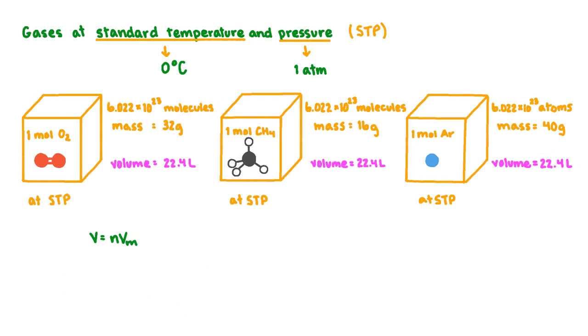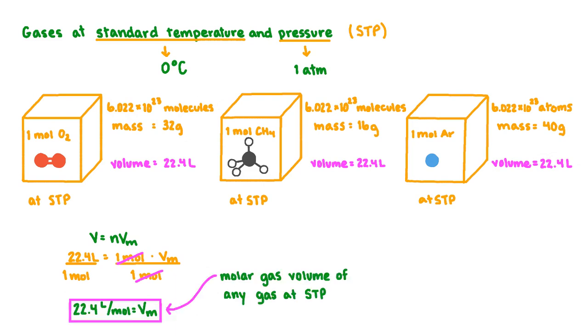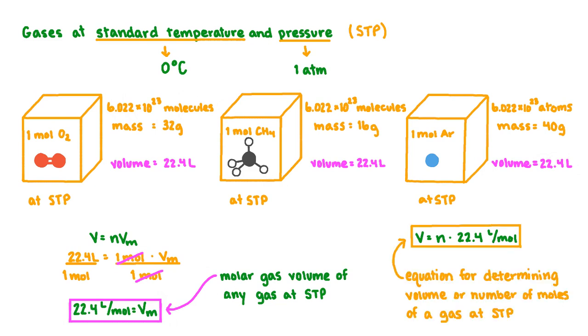By using the equation volume equals the number of moles times the molar gas volume, we can determine that the molar gas volume of any gas at standard temperature and pressure is 22.4 liters per mole. When this molar gas volume value is substituted back into the equation, we produce an equation that can be used to determine the volume of a gas or the number of moles of a gas at standard temperature and pressure.